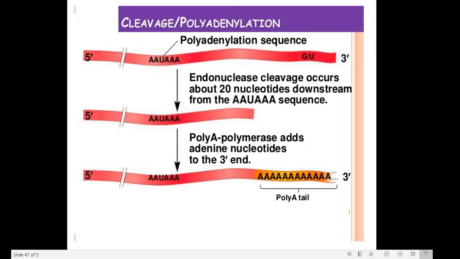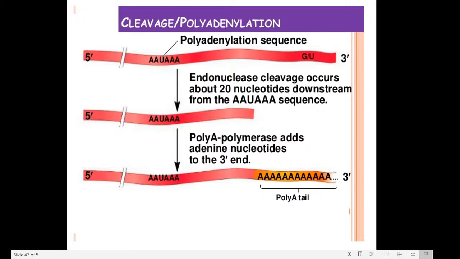This does not happen at random. Once the enzyme finds AAUAAA, this 5 nucleotide sequence, the endonuclease recognizes that this is our site, and we want to cut 20 nucleotides after this sequence.